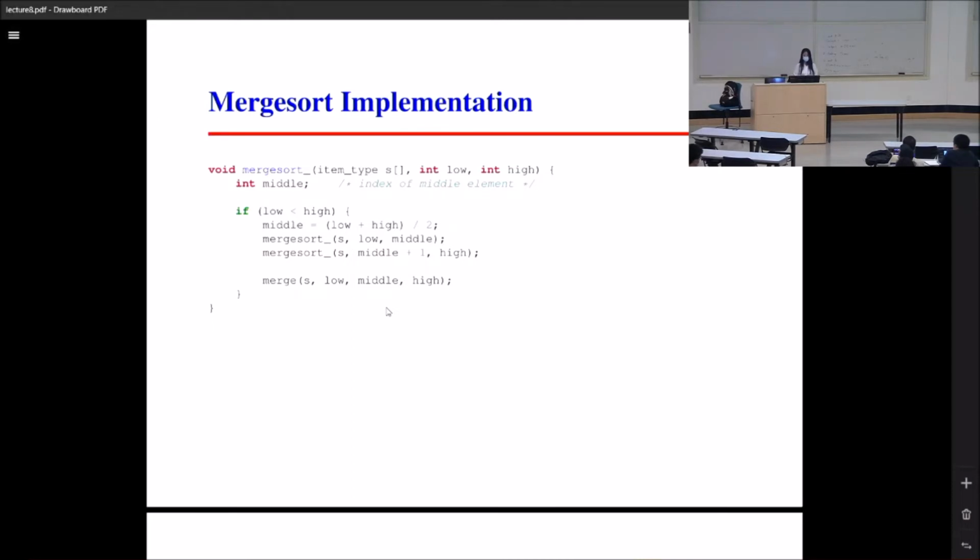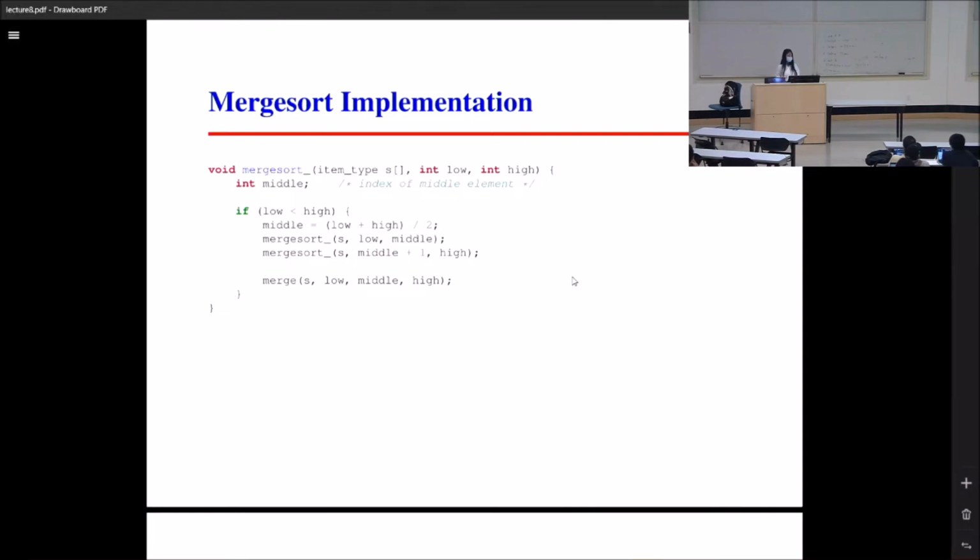After you find the middle element, you want to do merge sort on the left half and also on the right half. So here, as you can see, you will have two merge sort calls. The first one is from low to middle, which is the left part. And then it's middle plus 1 to high, which is the right part. Do you have any question? So that's the recursive part.